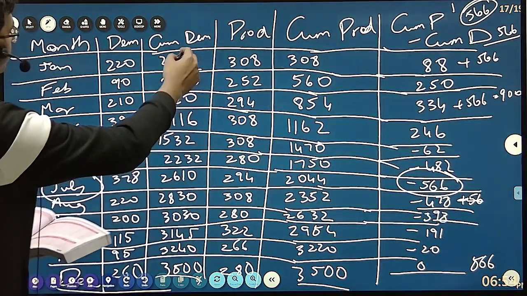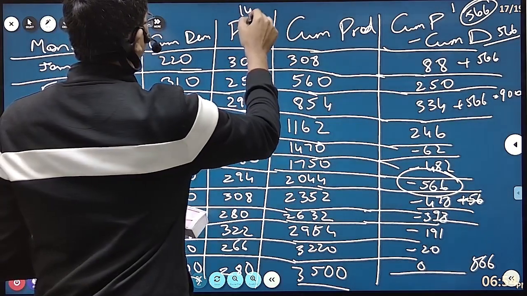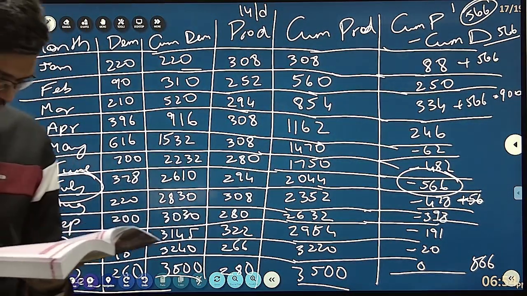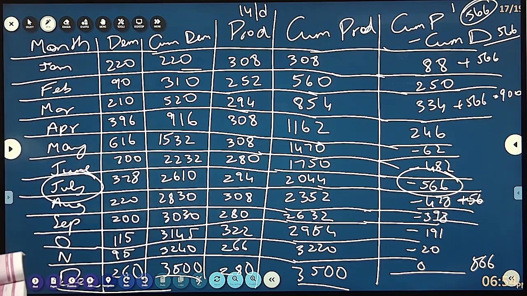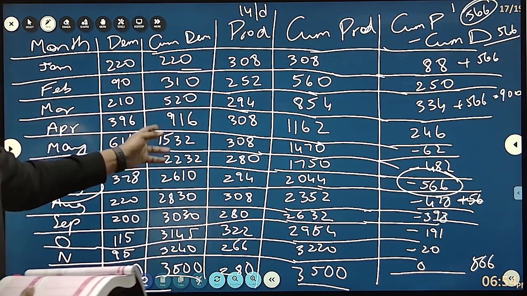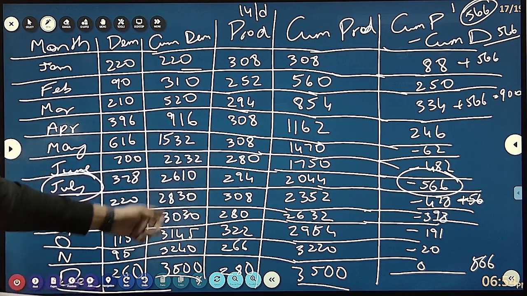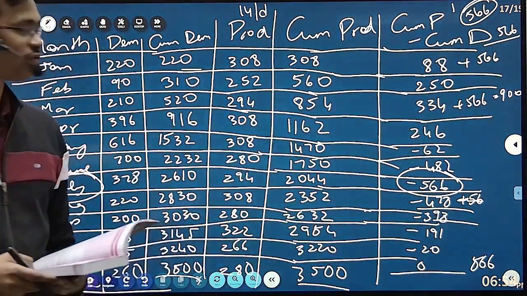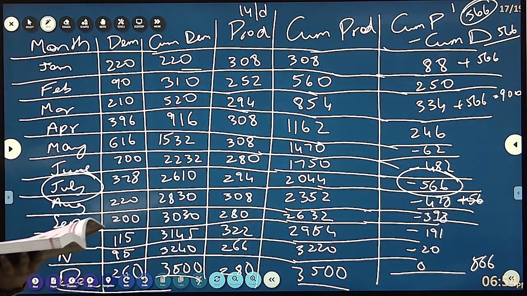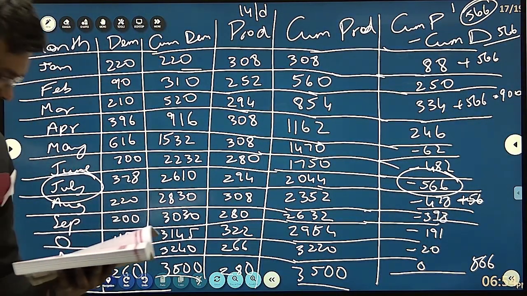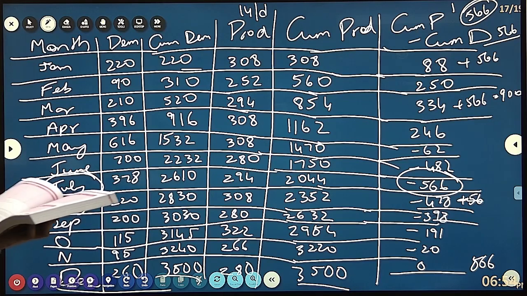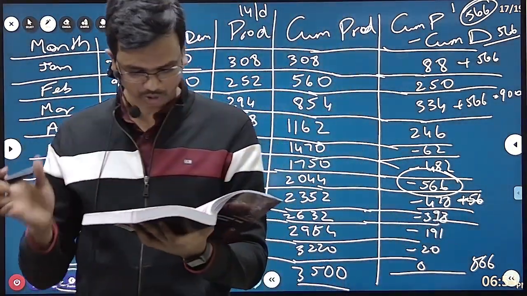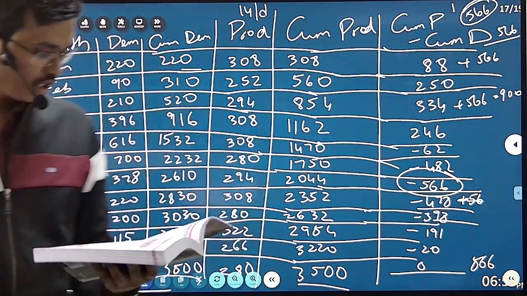So we are producing at 14 per day, correct? Now he says he will produce at 10 per day, and so at 10 per day he cannot meet the demand. So he says for the remaining he will subcontract. So it is a mix of varying inventory and subcontracting. Okay. Yeah. So, and he has given us the carrying cost and also the subcontract cost. So that is our third plan.